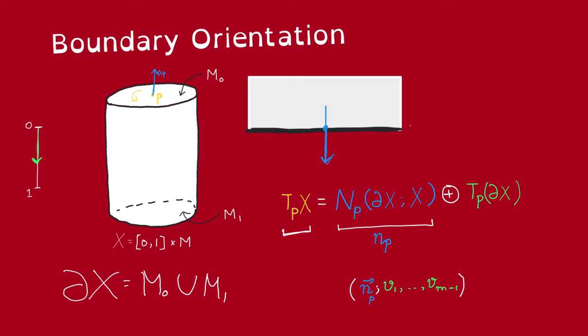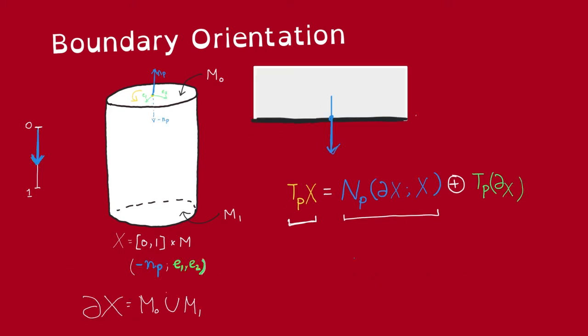Okay, so now let's see what is the product orientation on X. On M, a counterclockwise orientation could be represented by the ordered basis e1, e2. So that means that the product orientation on X could be represented by minus N_p, corresponding to the orientation on the unit interval, comma e1, comma e2, in this order.